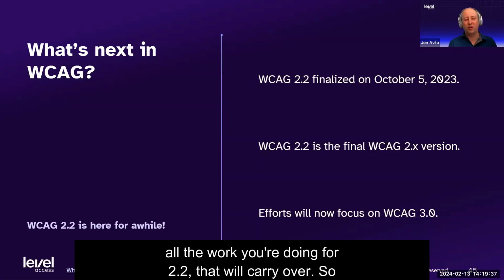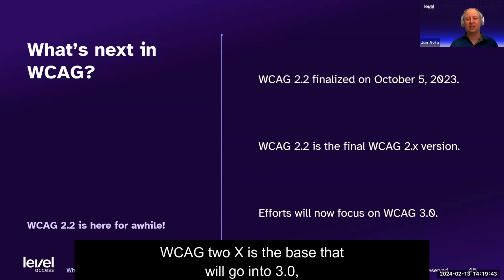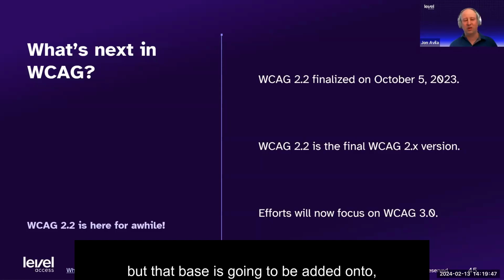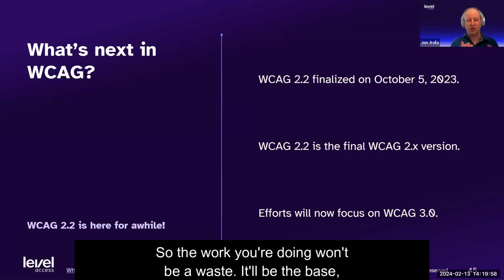Now, all the work you're doing for 2.2 will carry over. WCAG 2.x is the base that will go into 3.0, but that base is going to be added onto, and it's also going to be reworded and changed. There might be more flexibility. We don't know how all that's going to work out. So the work you're doing won't be a waste.